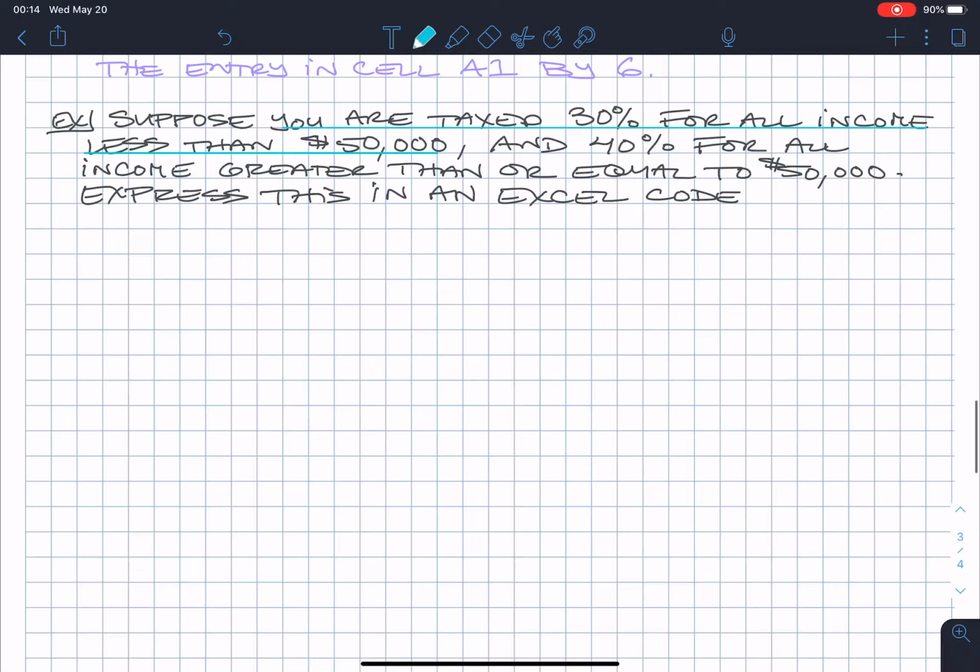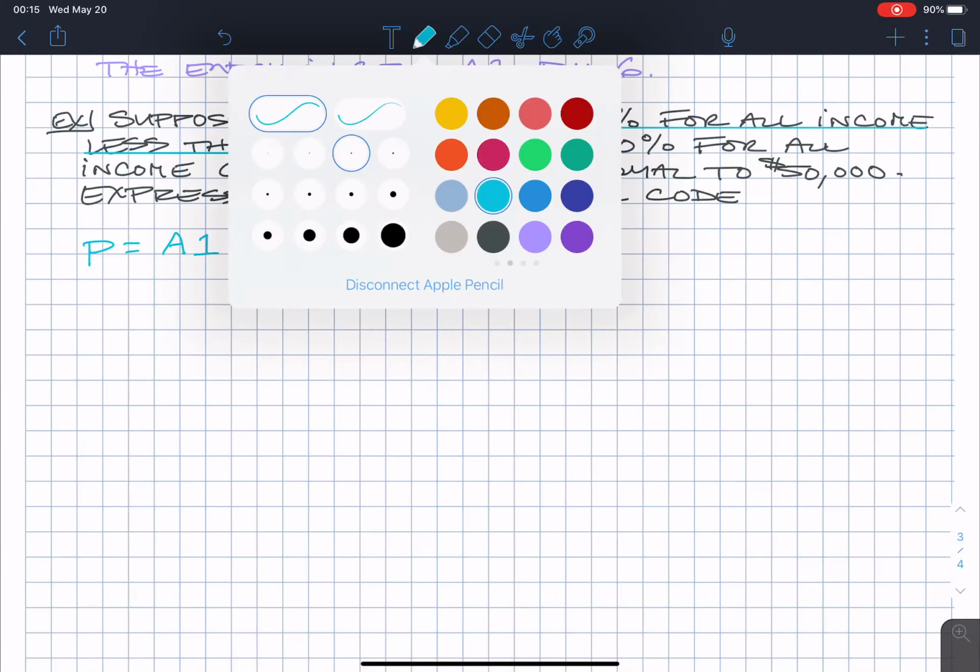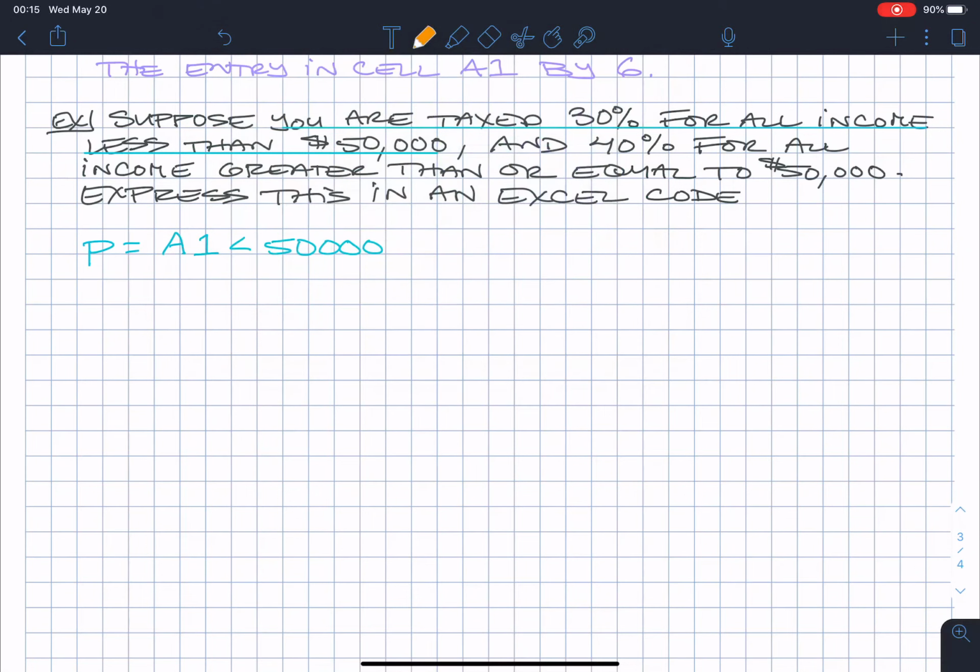So let's say P is going to be A1 is less than 50,000. And then Q would be, actually, do you know what? Let me do this a bit differently.